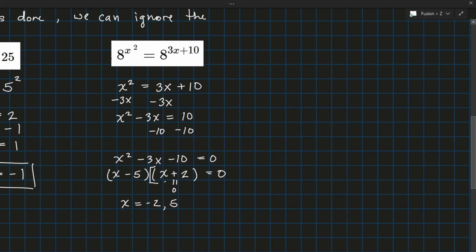If this thing equals 0, then it doesn't matter what this thing equals, because 0 times anything is 0, right? Conversely, if this one on the left equals 0, then it doesn't matter what the right side equals, because anything times 0 is the same thing. So that's why we can set them both equal to 0 separately, and that's why there are two different answers. So that'd be our answer there.